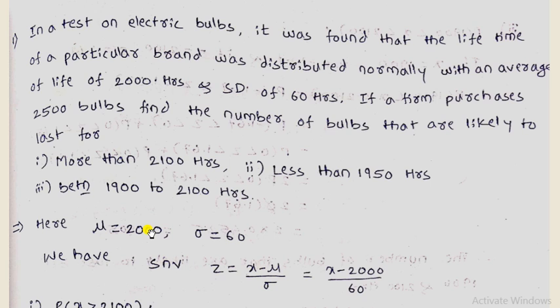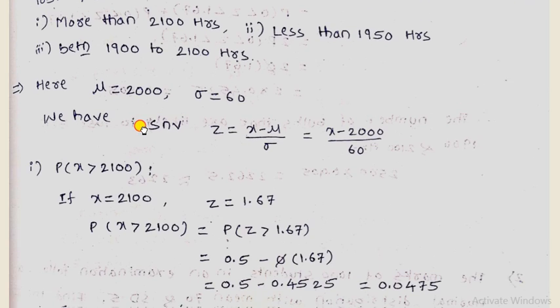Substituting the values of mu and sigma, we get x minus 2000 divided by 60. Now we will calculate the first term, more than 2100 hours. More than means x value is greater than 2100 hours.